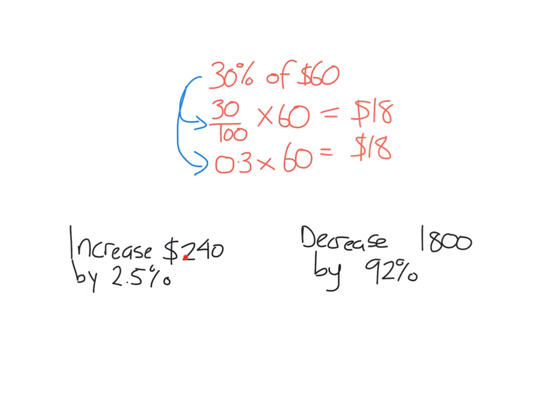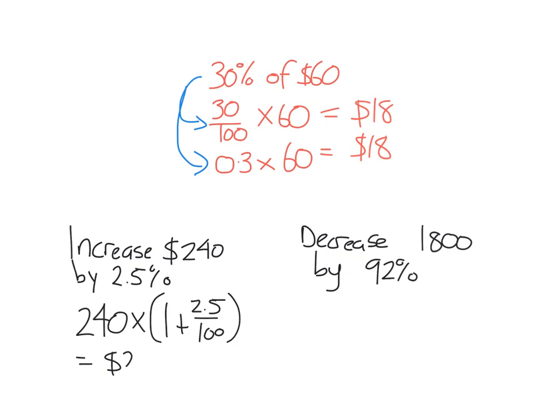You're taking 240, which is 100% of 240, and adding another 2.5%. So the quick way to do it is this. I can just take my 240 and times by 1, which is 100% plus 2.5%. I can just put that on my calculator and get $246.